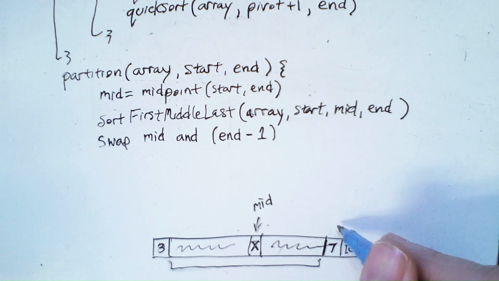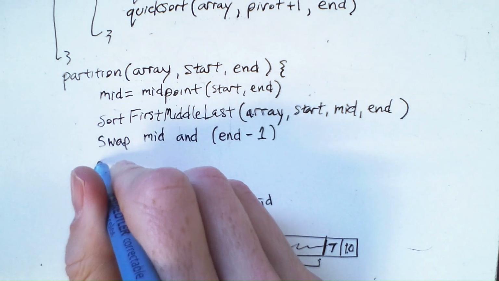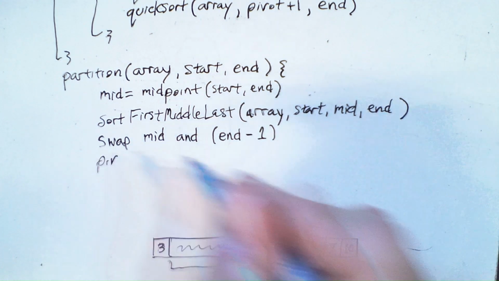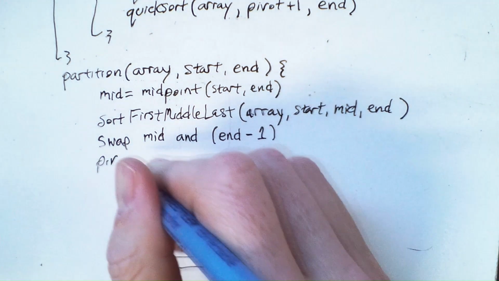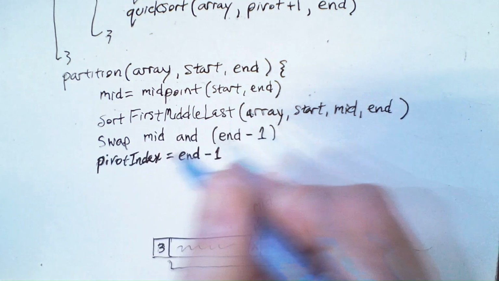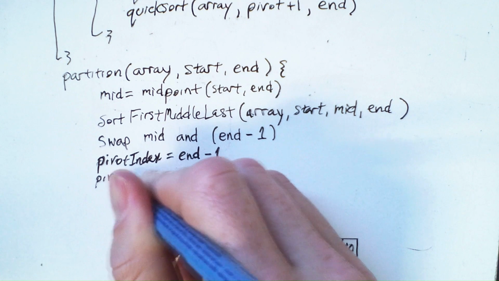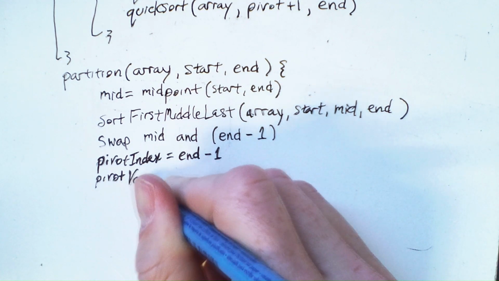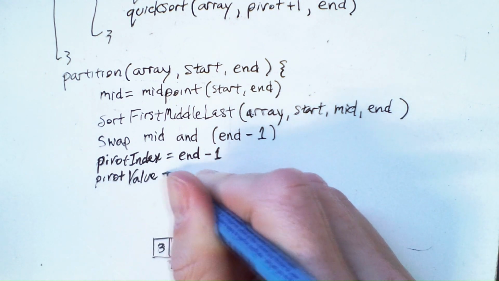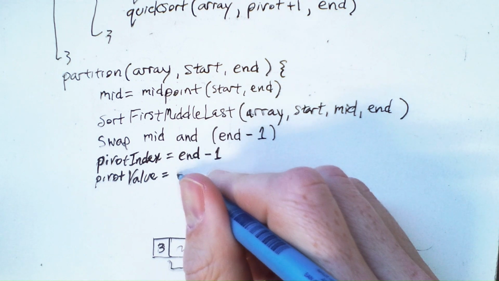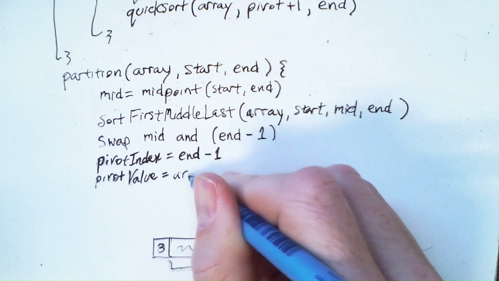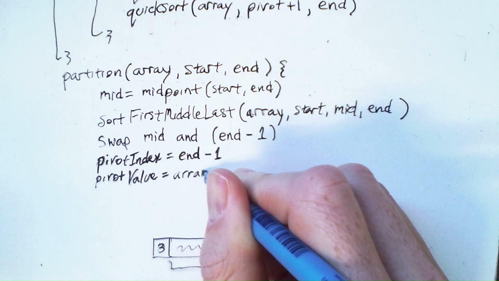Now I want to remember that this is here, so I'll define the pivot index to equal the location where it's at, n minus 1. And for the sake of convenience, I'll store the actual value because I'm going to be comparing it to other elements quite a lot. And so it's useful to just store it in its own variable.